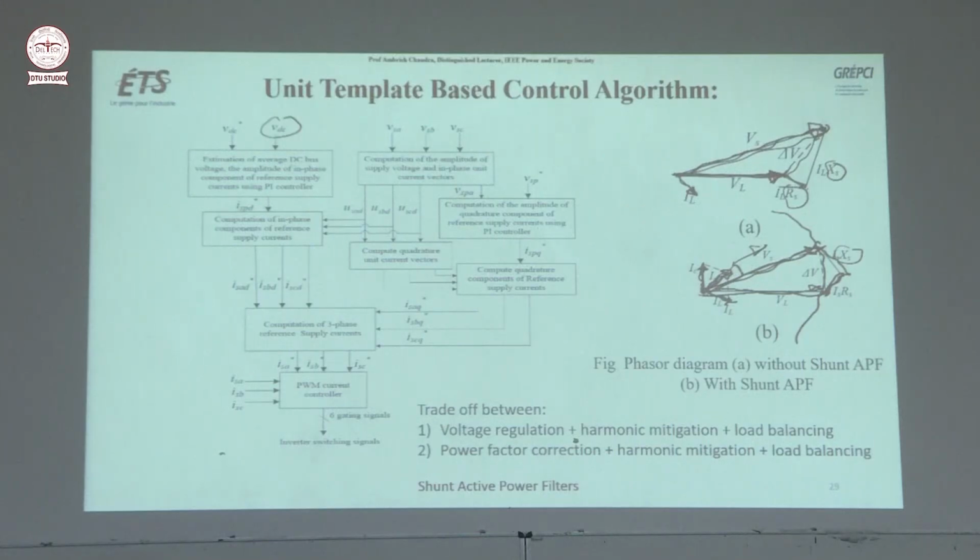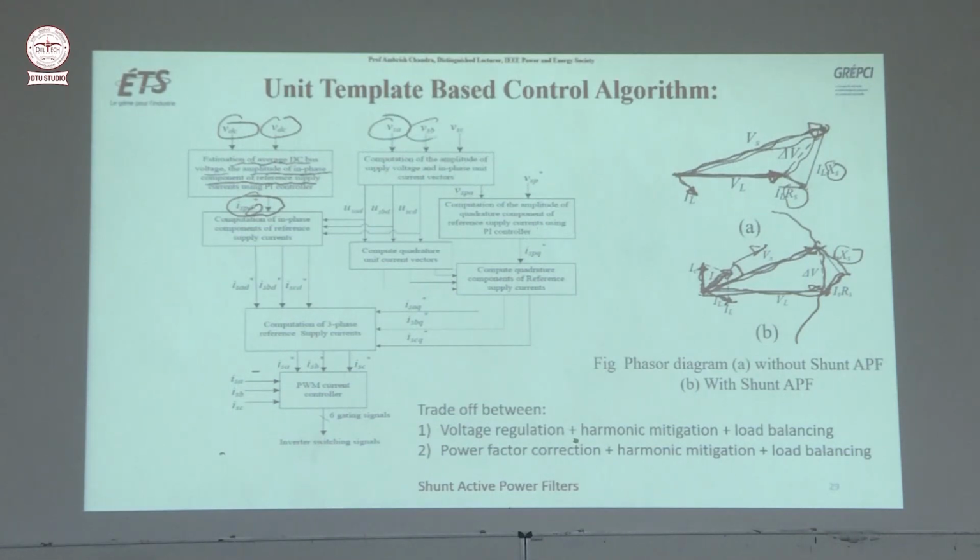We are measuring VDC. This is the reference of the DC link voltage, and we estimate the average DC bus voltage and the amplitude of the in-phase component of the reference. This is the estimate of the amplitude of the in-phase component of the source voltage.